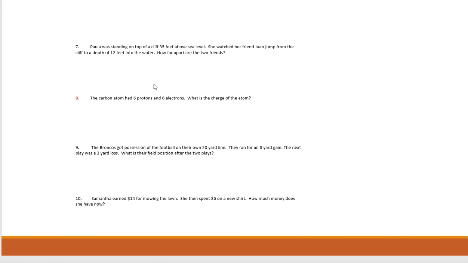Okay, here we go. Paula was standing on top of a cliff 30 feet above sea level. She watched her friend Juan jump from the cliff to a depth of 12 feet into the water. How far apart are the two friends? So if this is sea level, and up here is the cliff, and the cliff is 35 feet above sea level. Okay?